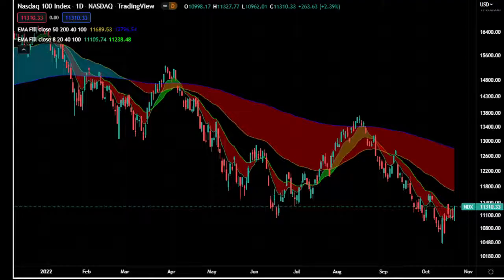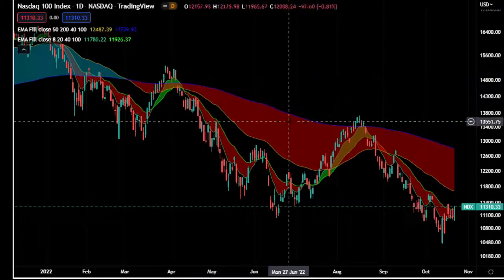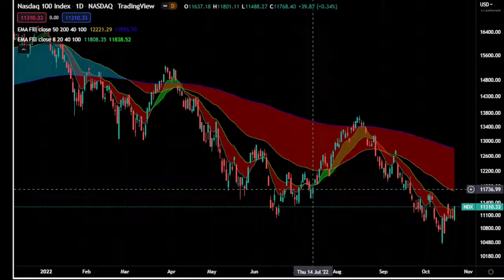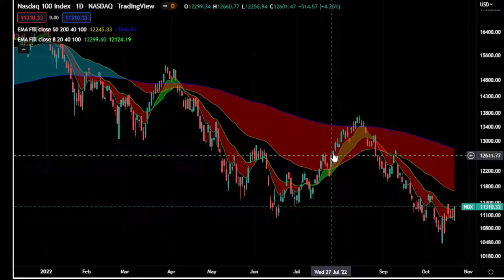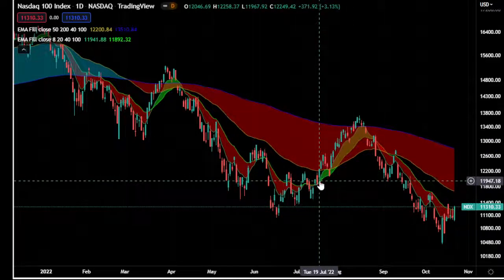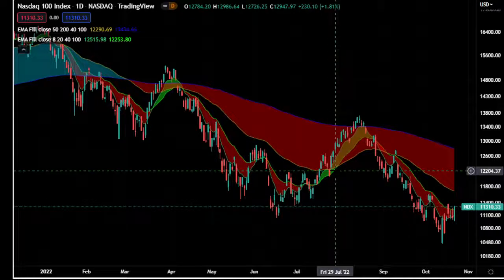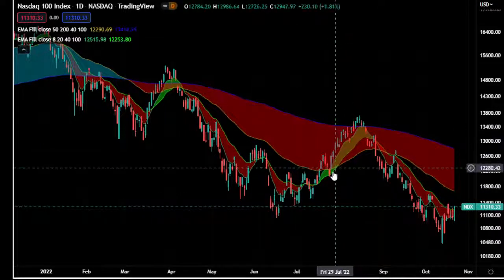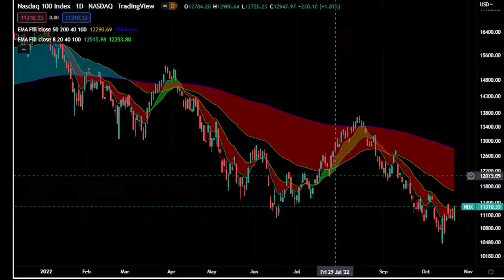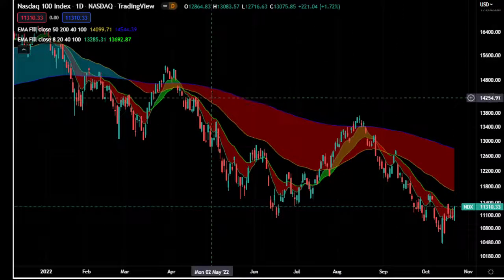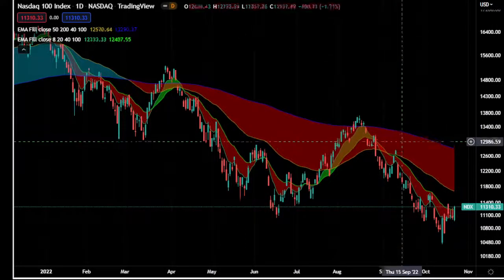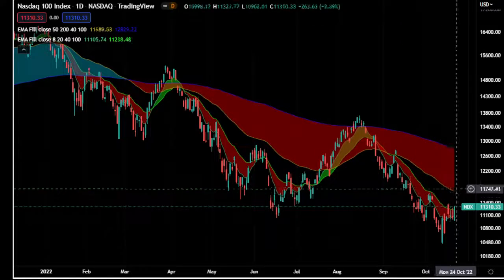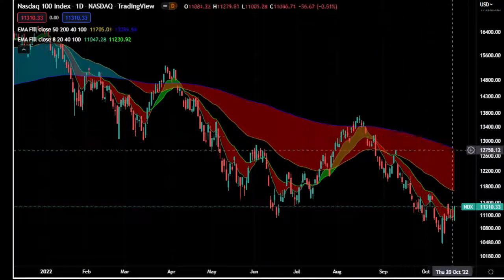So now we are looking at a daily chart, and we have this 8-day moving average and a 20-day moving average here with a green. And now we've added as an overlay this 50-day moving average and this 200-day moving average.